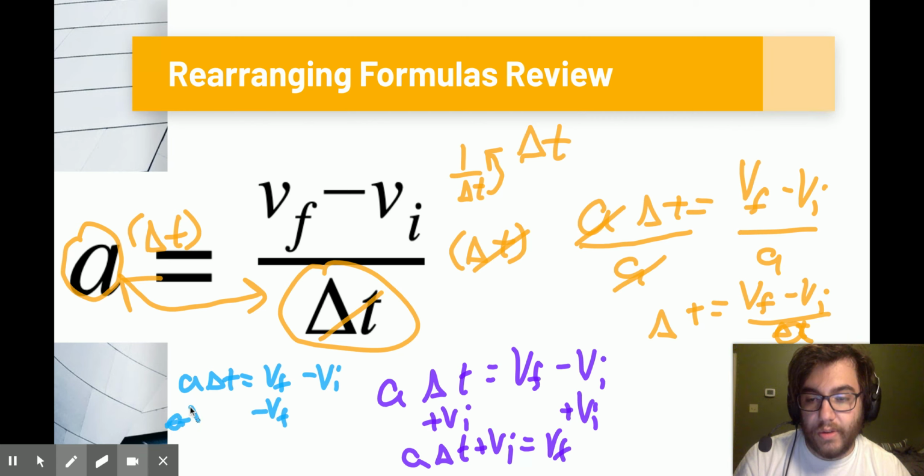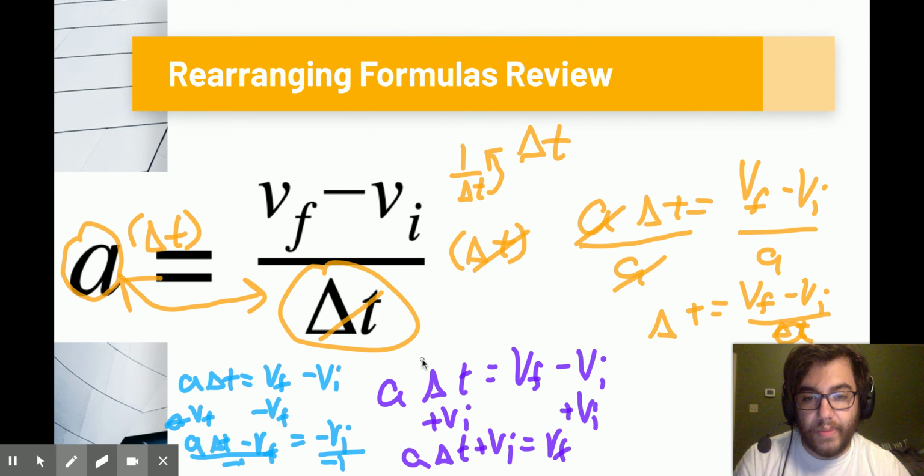And you will be left with A delta T minus VF is equal to negative VI. And when you divide by negative 1, all the signs flip, and you will be left with VI is equal to VF minus A delta T.